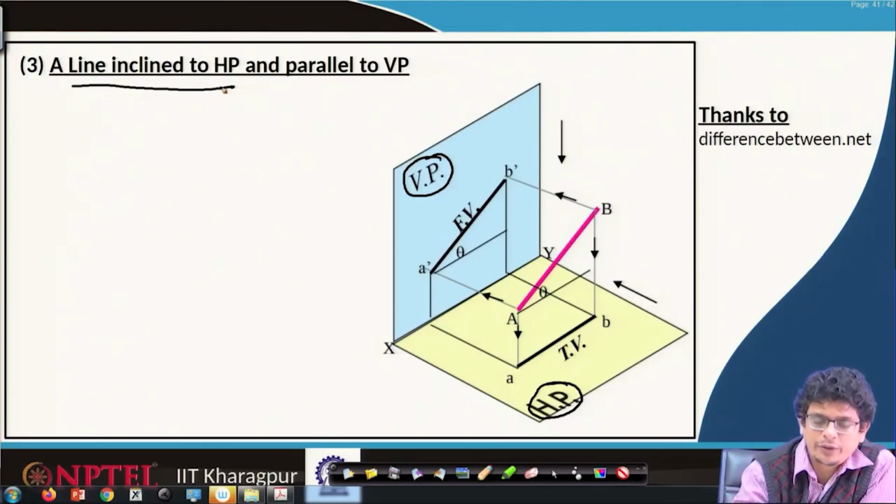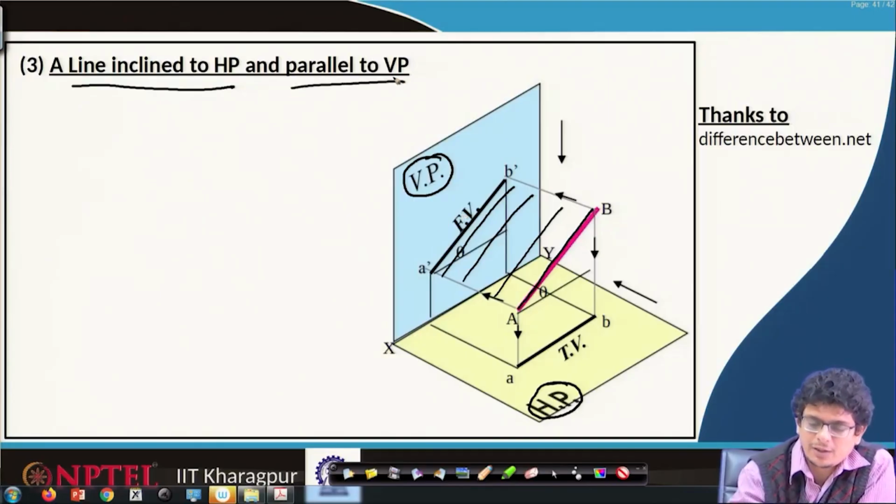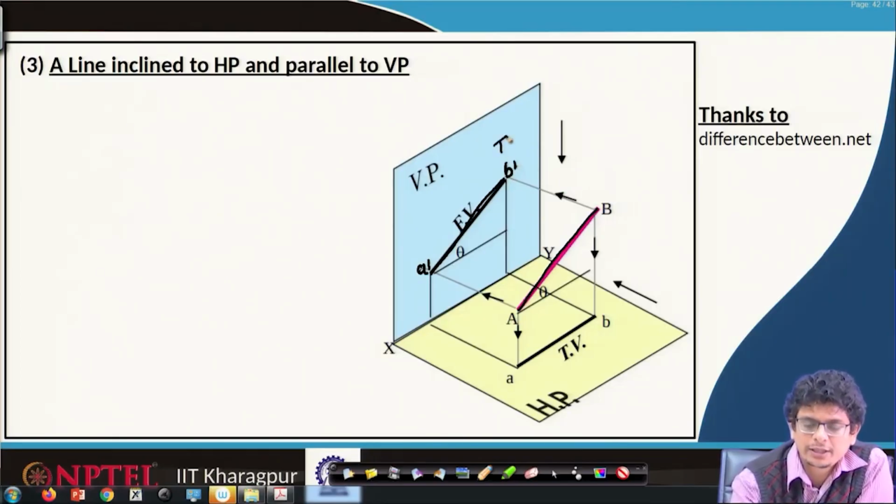If we are moving this line parallel to the vertical plane and transporting this AB length to the vertical plane as A prime B prime, we straight away see true length there.